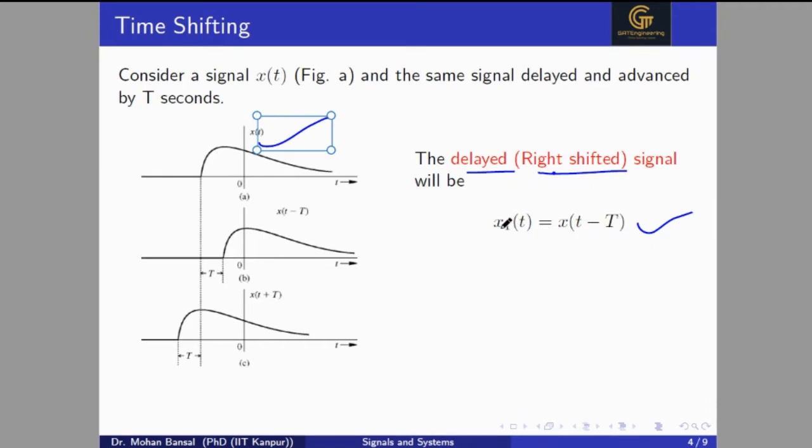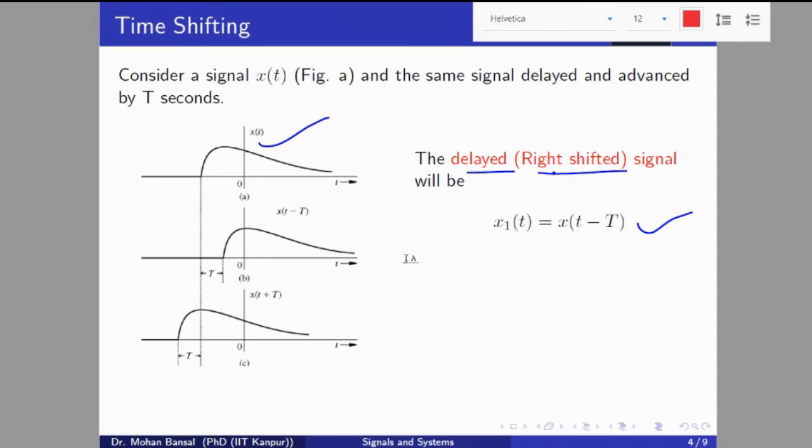But why is this signal shifting to the right only? Just look here. If we consider this time as t1, consider t1 - T = t. We will have to map the signal from the t axis to the t1 axis, so we compute the value of t1 at different values of t.